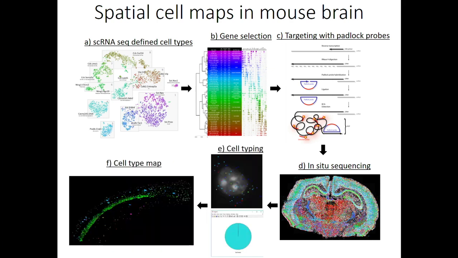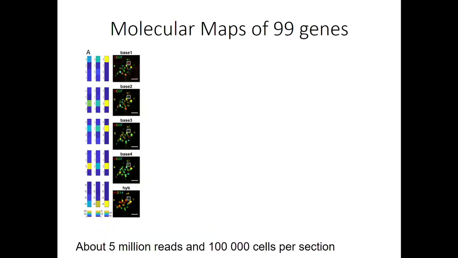And then for every cell in the section, we derive an expression profile and match it to the expected expression profile from the single-cell RNA sequencing. So it's really trying to map these cells onto a spatial map. It's a probabilistic approach where we try to match the in situ expression profiles with the single-cell derived expression profiles.